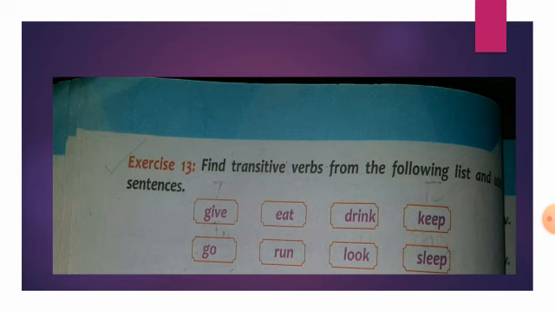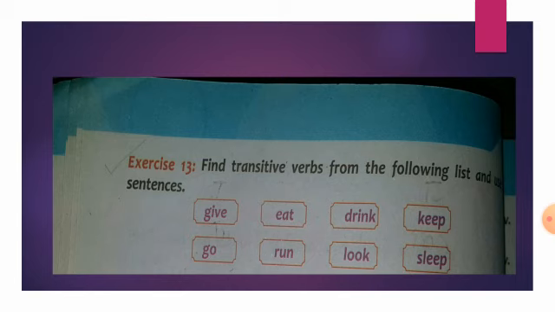So you is a direct object here, so it means it is a transitive verb. Eat, she eats an apple. Eat an apple, so direct object. I can write the direct object with it, so it is a transitive verb. Drink, she drinks coffee. Now again, I can add a direct object to it, so drink is a transitive verb.